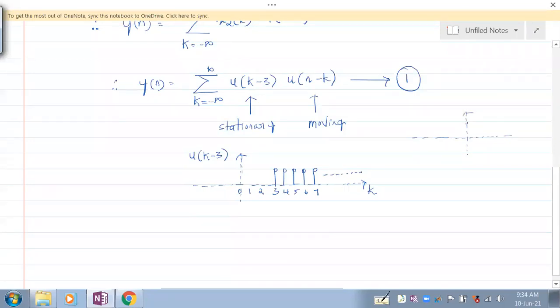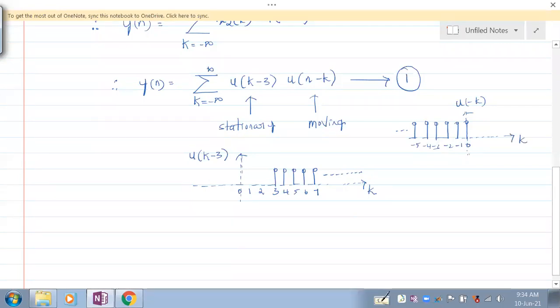U of minus k I'm writing. So u of minus k is this, mind you, everybody. This is u of minus k, which goes from 0 to minus infinity. 0, minus 1, minus 2, minus 3, minus 4, minus 5. So this is k.